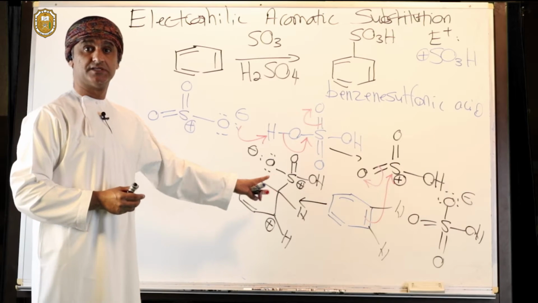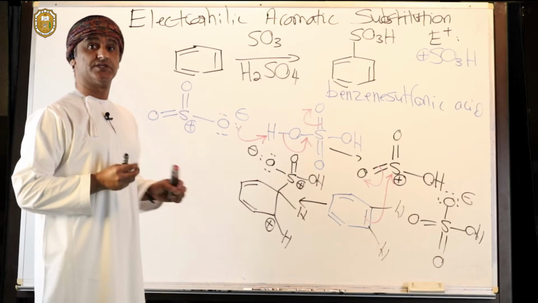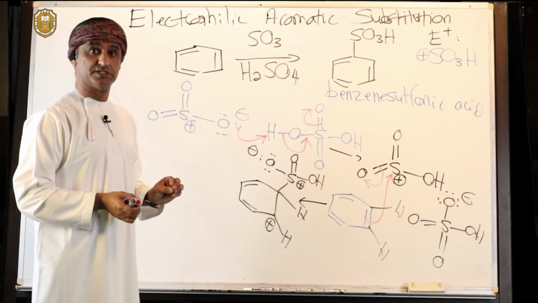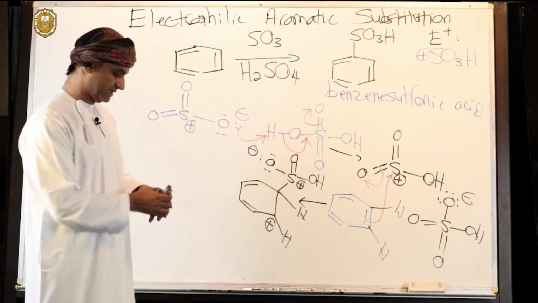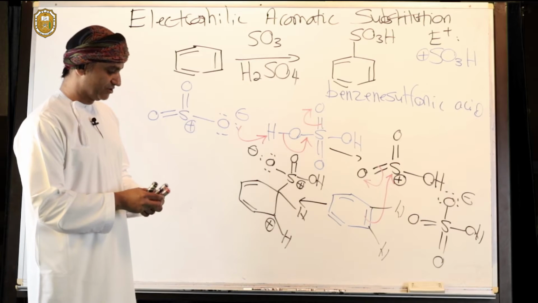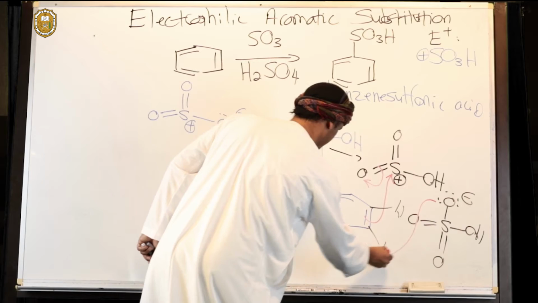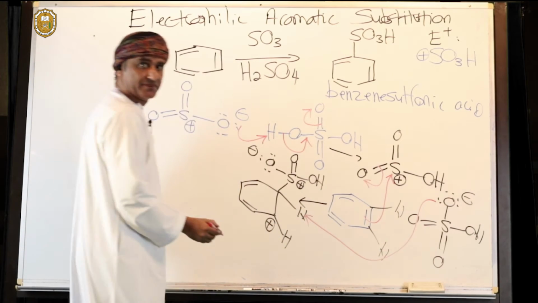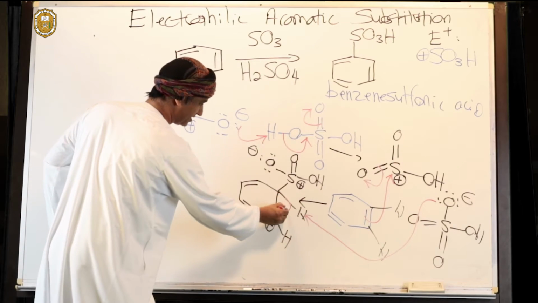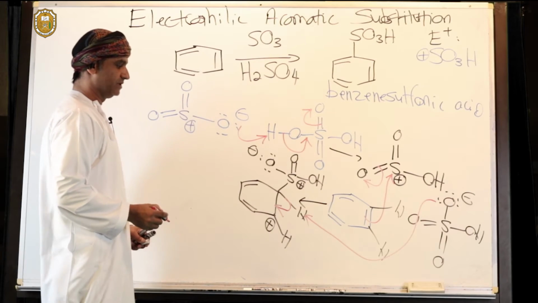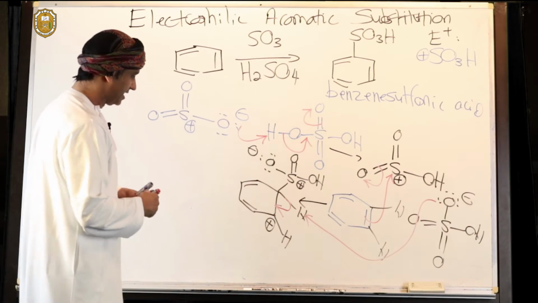Remember, this initial step is always slow. That's when benzene loses aromaticity to give this carbocation intermediate. Now, the hydrogen sulfate can come in, as it does, and takes off that proton. The hydrogen-carbon bond is broken, and a double bond between these two carbons is formed.